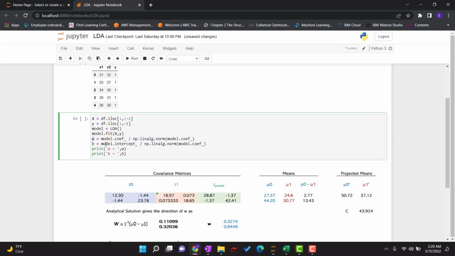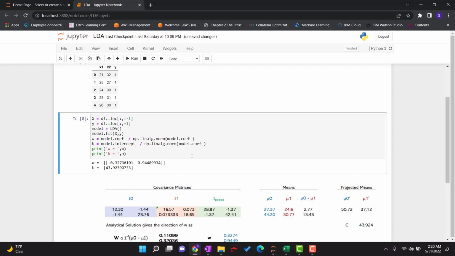Now I can match with Excel whether it's correct or not. And similarly, whatever B is, the constant or intercept, now also normalize that using the same normalizing factor. So the entire W transpose X plus B is getting scaled up or down by this factor. So now W is a unit vector and B is whatever it is. So we can match the results. So let's print this.